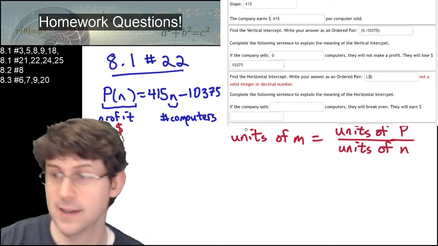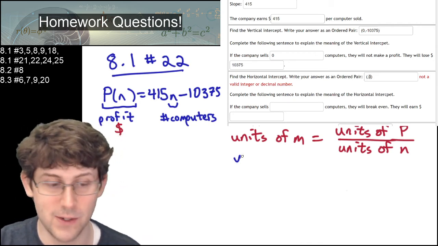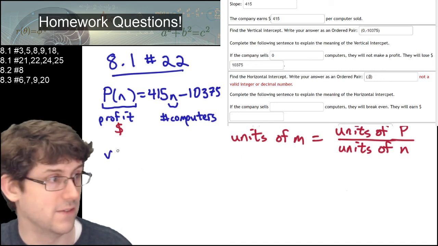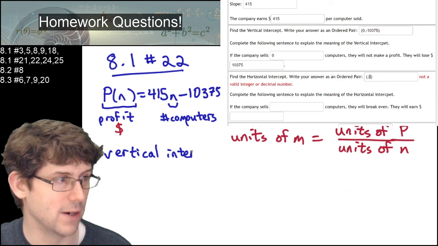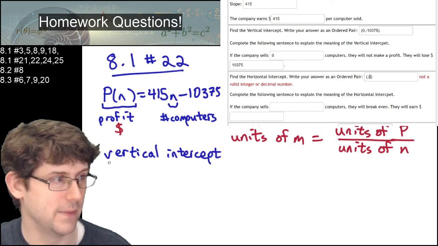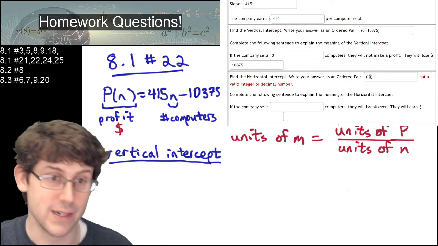So let's do that. When I'm finding something like this, I always label what I'm about to do. So I'll say vertical intercept, just so I can read my work easier when I come back to it. The vertical intercept is when the output is 0.